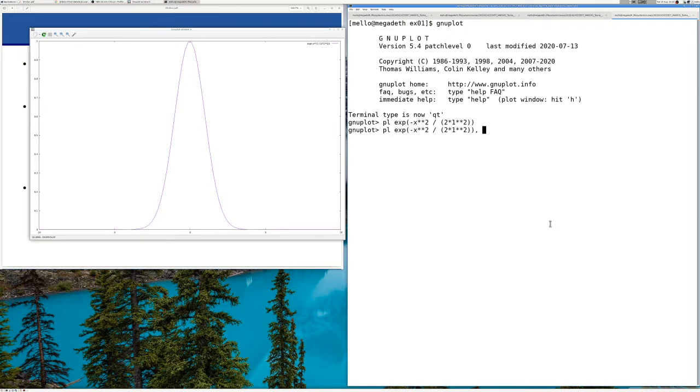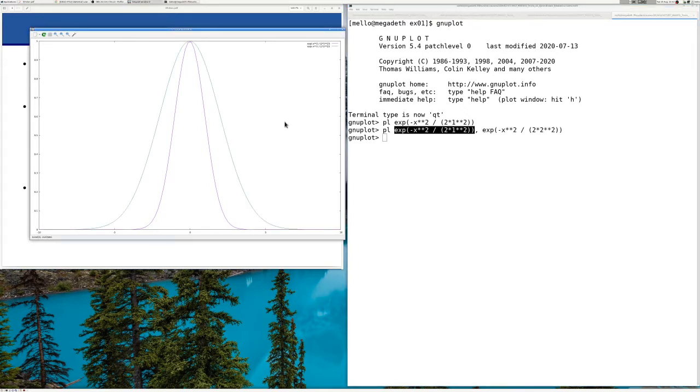If I come up with a different sigma, let's plot for sigma equals 1 and sigma equals 2. If sigma is greater, like sigma equals 2, I open up my Gaussian function to give weights to points that are even farther than those points for the first one, whose sigma was 1.